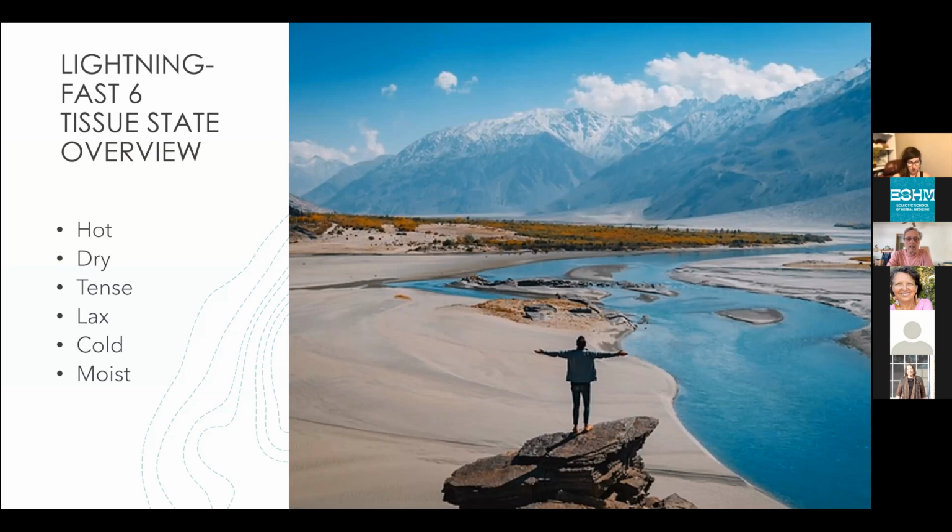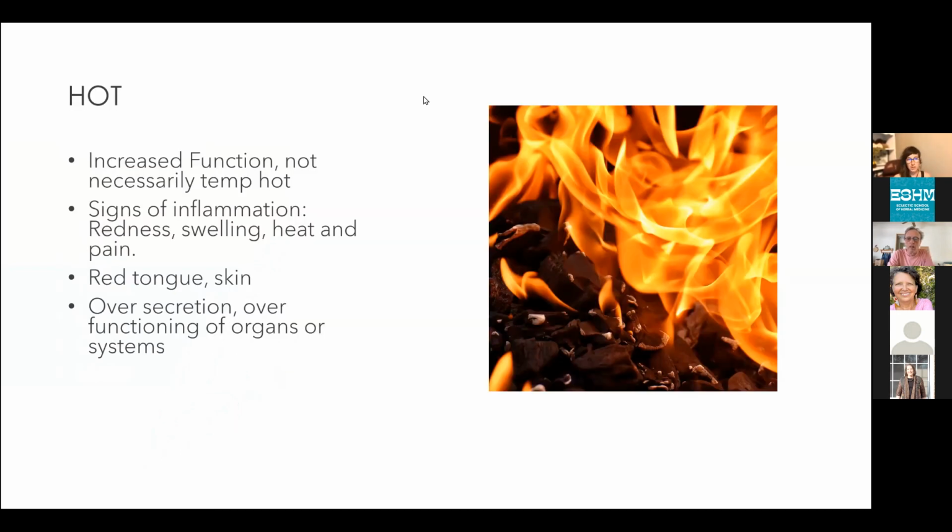So our 6 tissue states are hot, dry, tense, lax, cold, and moist or damp. When we think about the tissue state of heat, we're not necessarily thinking about temperature, although sometimes, like in the case of acute inflammation and things like fever, you are going to get the physical feeling of heat.